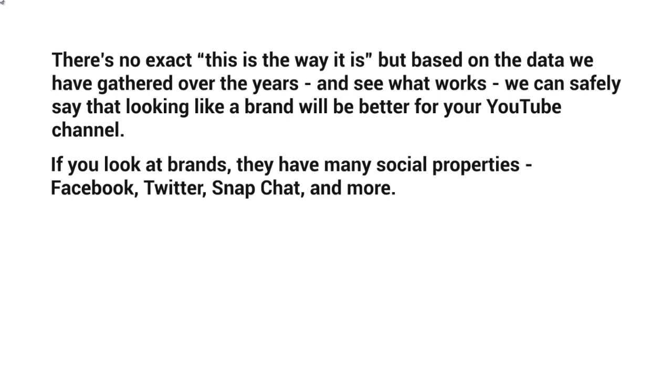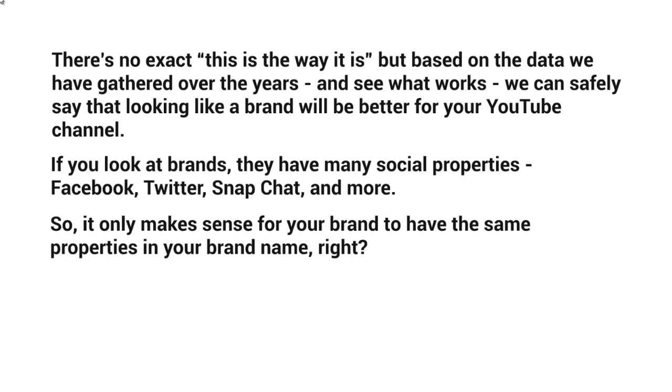Now, if you look at brands, they have many social properties besides YouTube channels. They've got Facebook.com, they have Twitter, they have Snapchat, and more. So it only makes sense for your brand to have the same properties in your brand name and interlinking to each other, right? So let's say, for example, that you upload a video to YouTube.